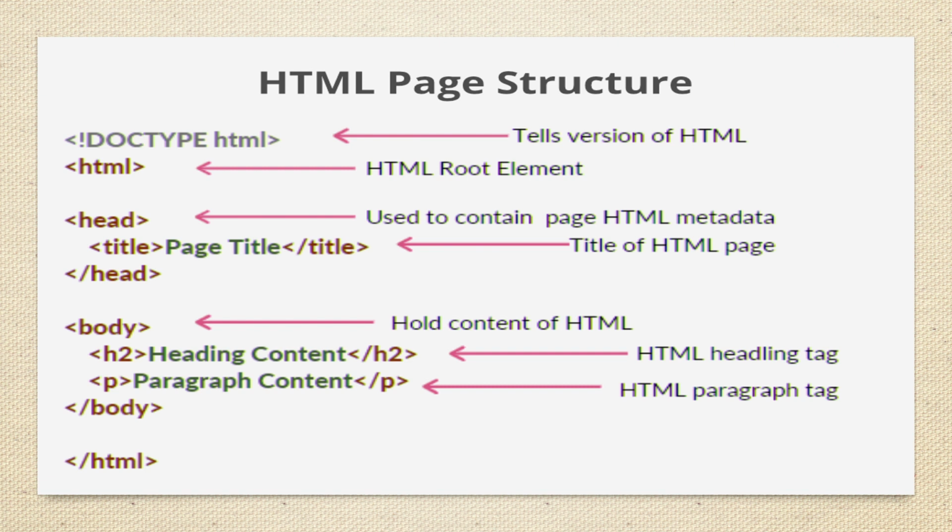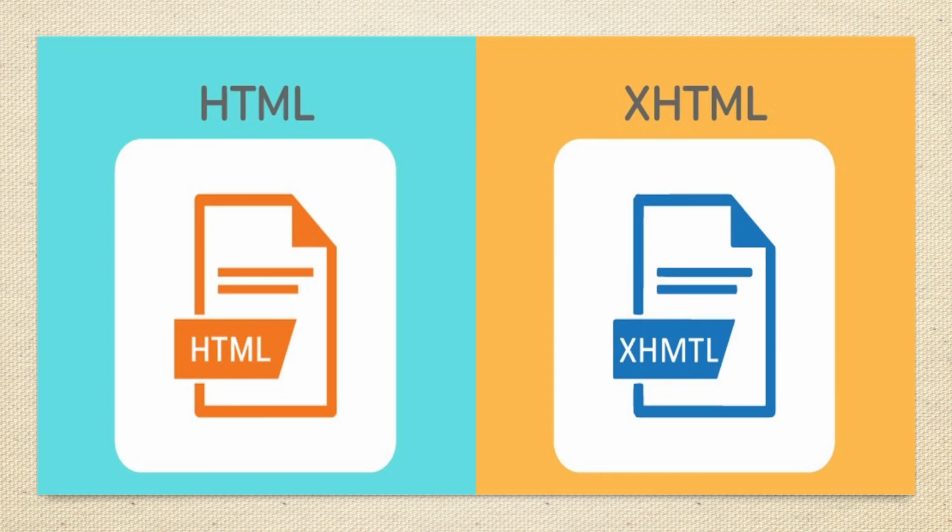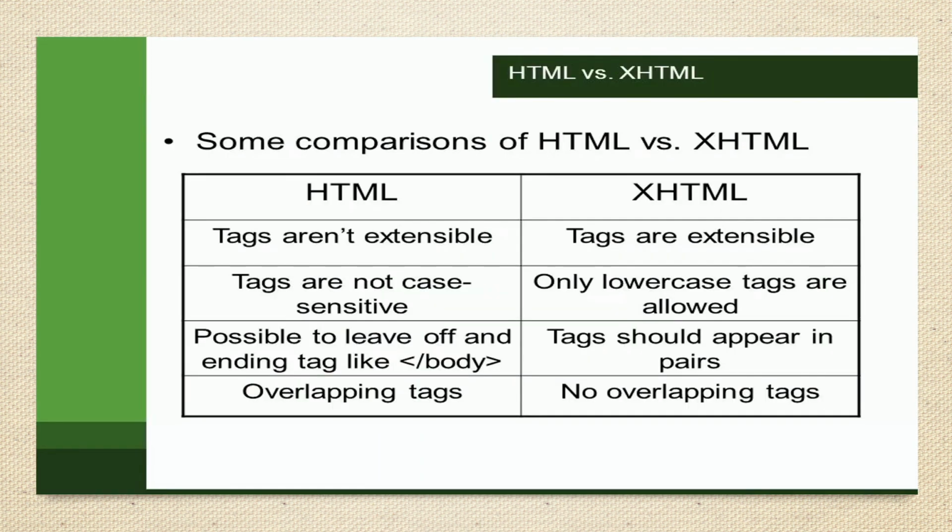So let's proceed further. There are basically two terms, HTML and XHTML. They are completely different from each other. X basically is a newer version. HTML is a little older compared to XHTML. There are some comparisons of HTML versus XHTML. In HTML, tags aren't extensible; in XHTML, tags are extensible. In XHTML, tags are case sensitive.